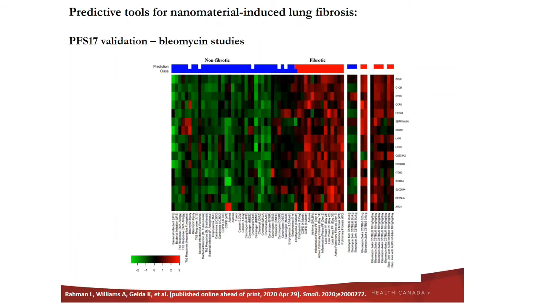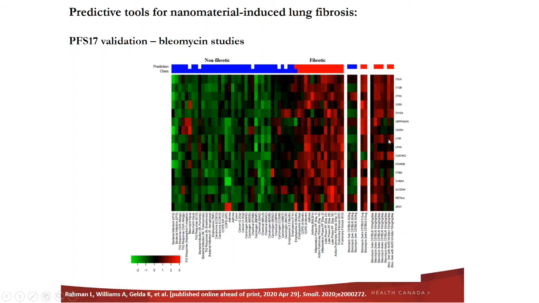So then we validated the PPS17, the 17 gene panel, using bleomycin studies. Again, the heat map shows the genes on the left, and on the right, at the bottom, the types of studies used. And on the top, you have the class assignment as well as the prediction assignment by the PPS17.